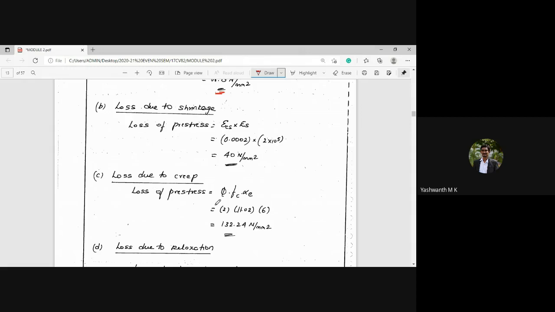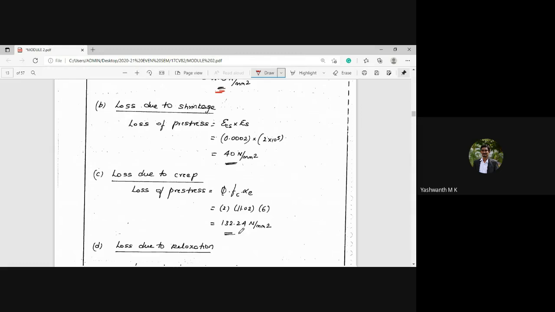Hence, loss of prestress is equal to the creep coefficient multiplied by the compressive prestress multiplied by the modular ratio. The creep coefficient mentioned in the problem is 2, into fc, which we have already calculated, multiplied by the modular ratio 6, which will get you 132.24 Newton per millimeter square.